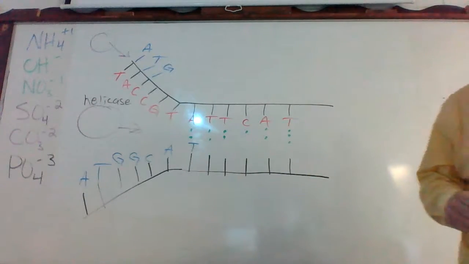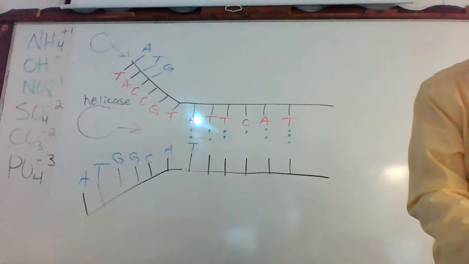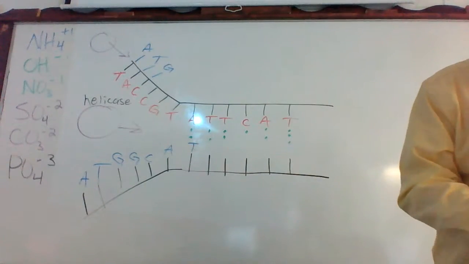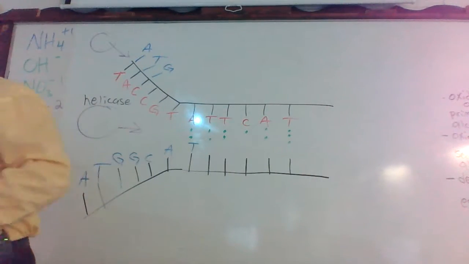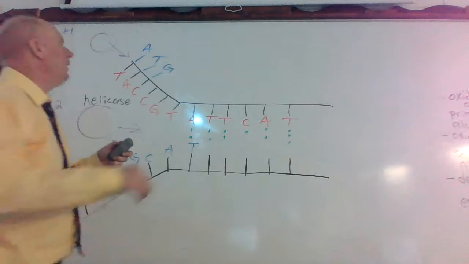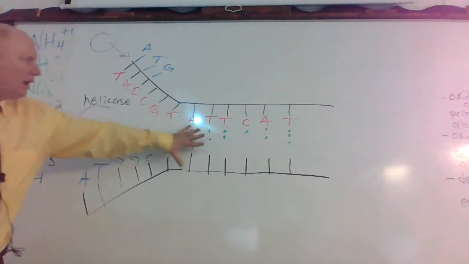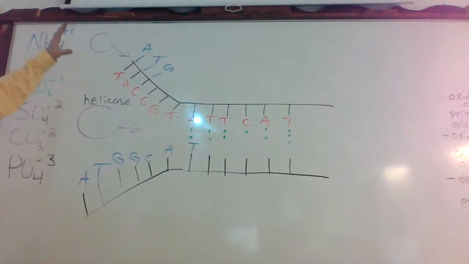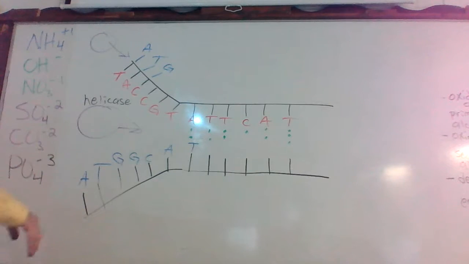All right, so as we look forward, we're going to start talking about DNA replication. Step one, helicase breaks the hydrogen bonds. Step two, you have nucleotides that are just floating freely inside the nucleus.